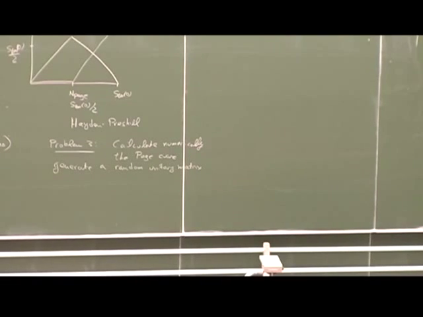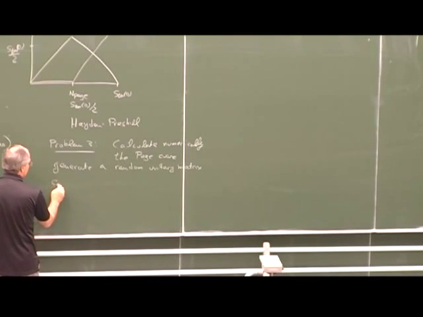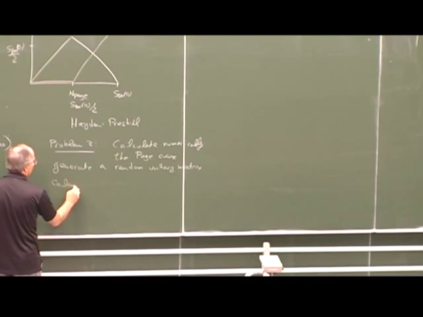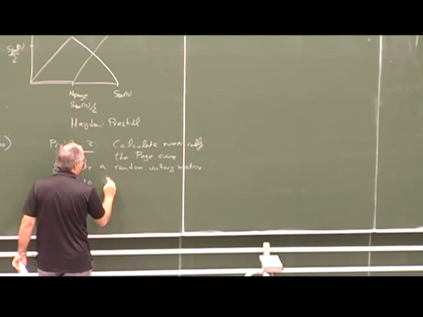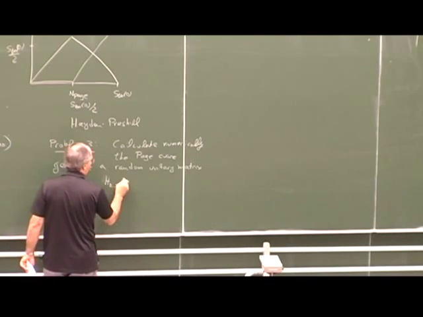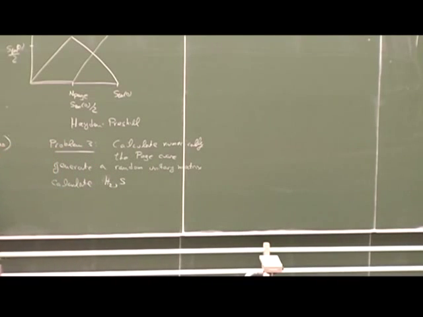And then you can calculate the H2 or S, the average over many random vectors. And then you should get this graph as a function of the size of the unitary matrix, right?